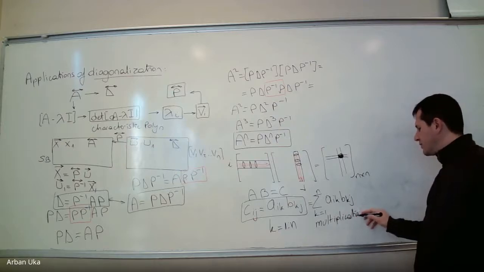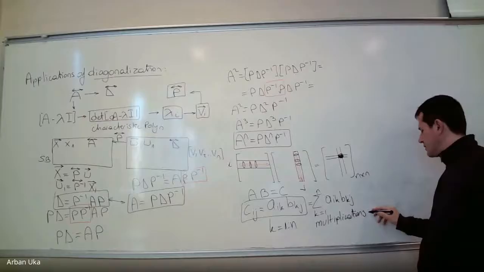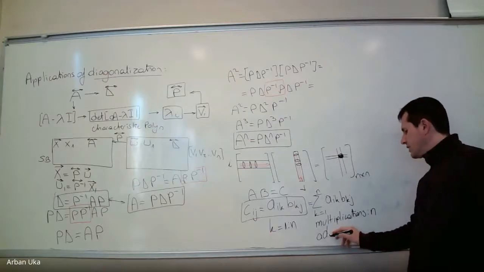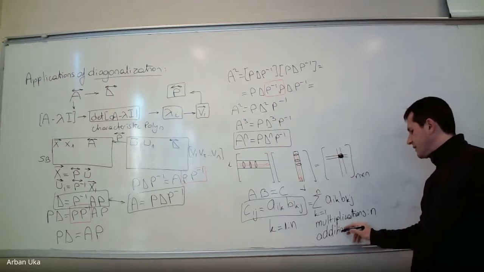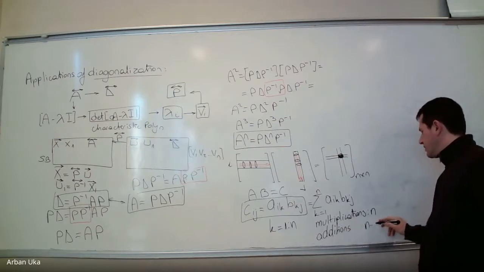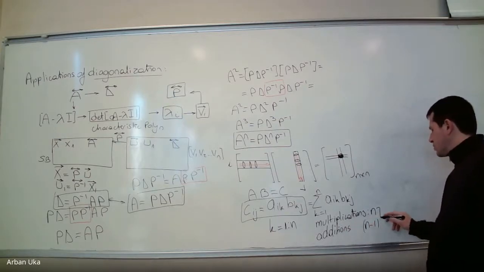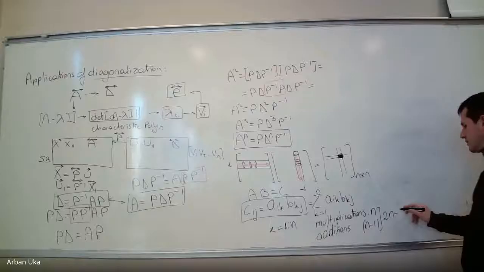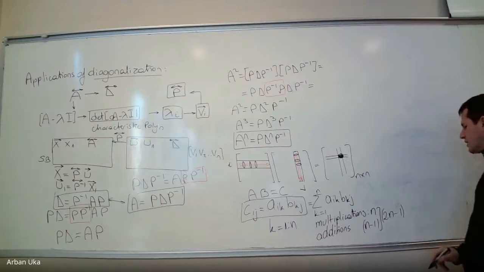The number of multiplications is n, and then we have n minus 1 additions. So for a single element, this is 2n minus 1 calculations.